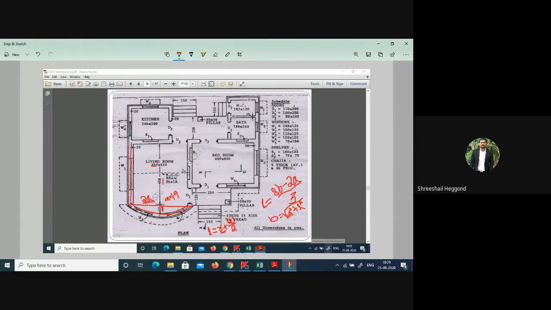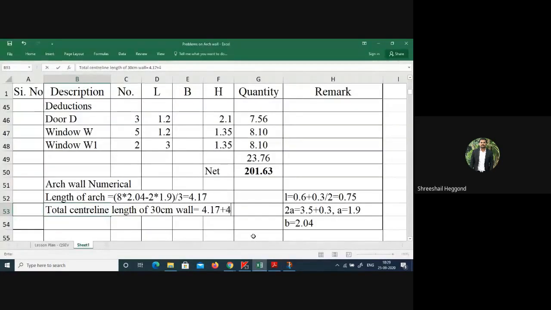We are not going to add any extra length over here because your center line length is already calculated up to this point for the arc wall. Therefore, only this side you have to add, that will be 4.5 plus 0.15, only half wall thickness, one side.